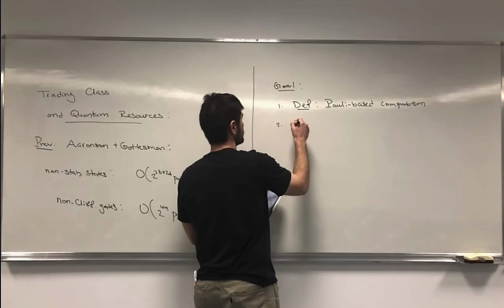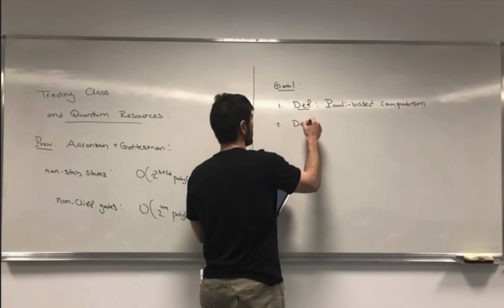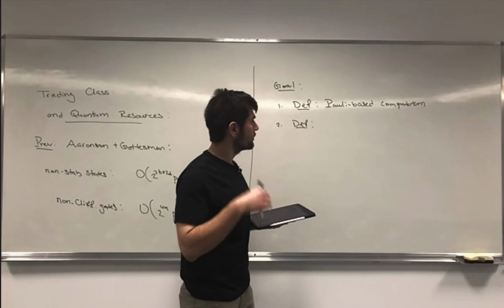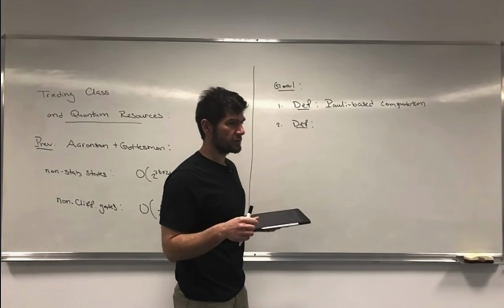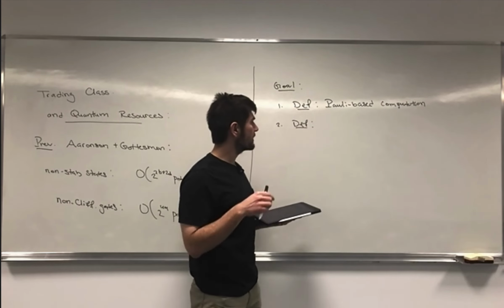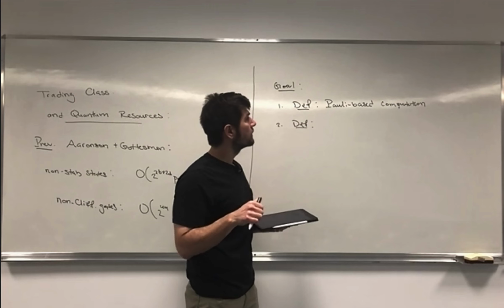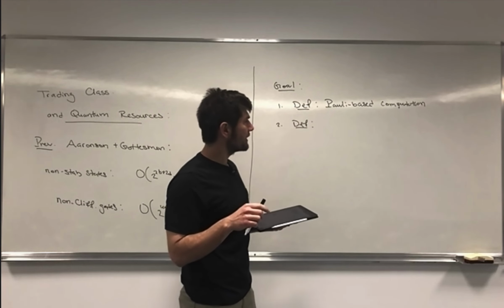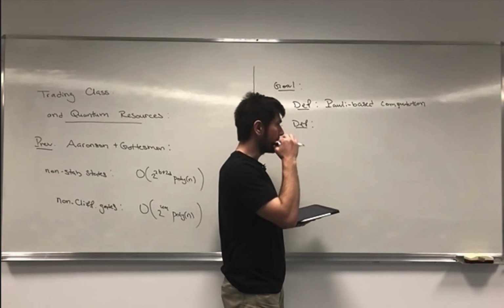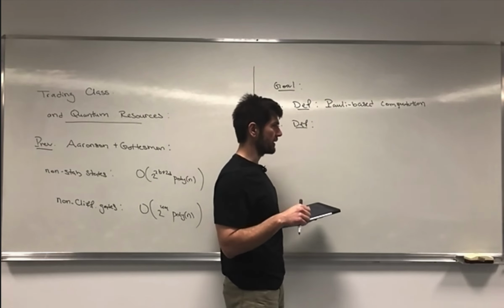Second, they introduced the notion of a stabilizer rank, which informally is basically you want to look at the stabilizer states as an overcomplete basis in your Hilbert space, and you can expand any magic state, or any state, in terms of those stabilizer states.